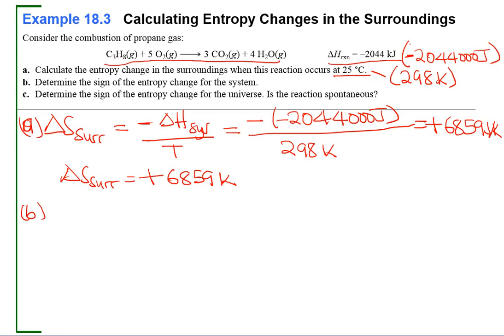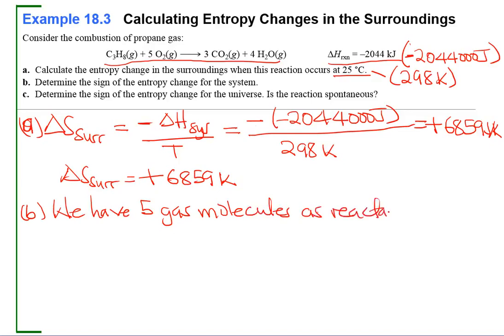If we look at the reaction equation, we see that we have 5 gas molecules as reactants and 7 gas molecules as products.